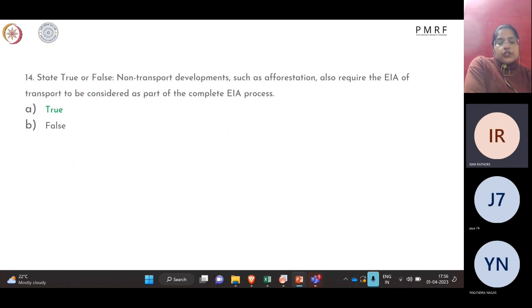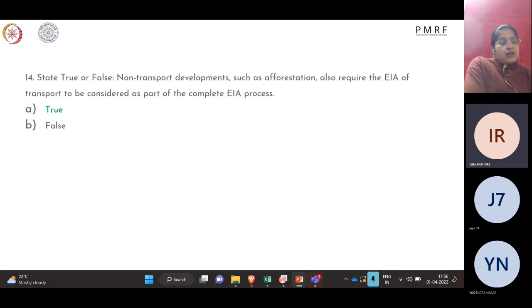Let's say you need to make roads for the movement of construction materials being brought up. And then for things like afforestation, when you cut or log off trees, after you have cut these trees, you need to transport them to a different site.